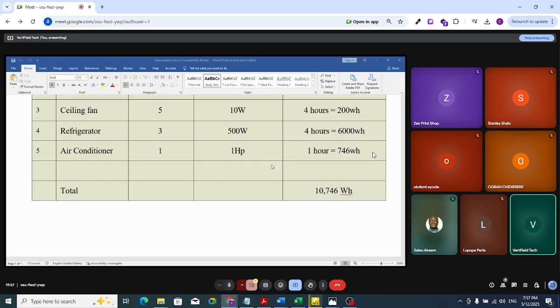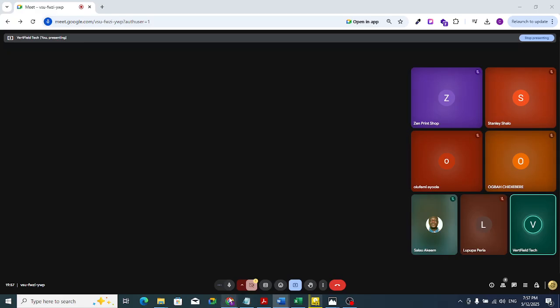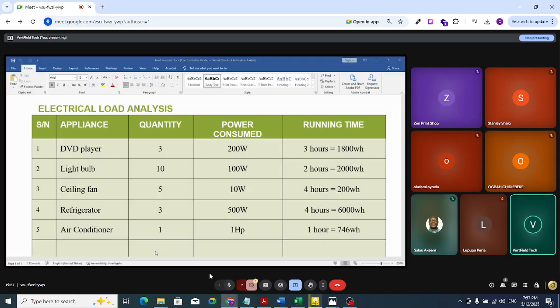So I believe that if you guys do not have a question, it simply means that we have done justice to this very topic of load analysis. And so we can proceed to the next topic of walking you guys through the process of designing the various sizes of your solar components.